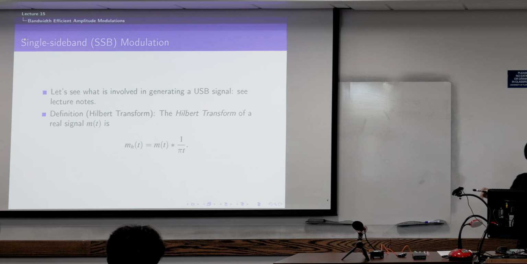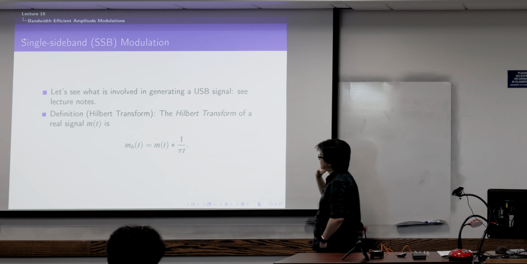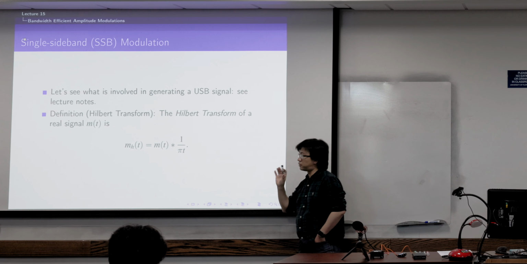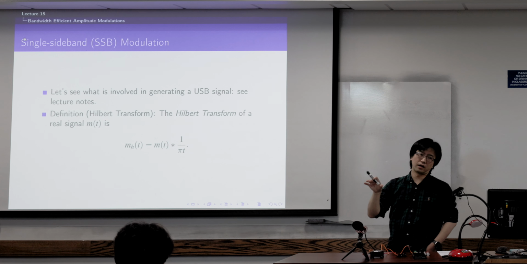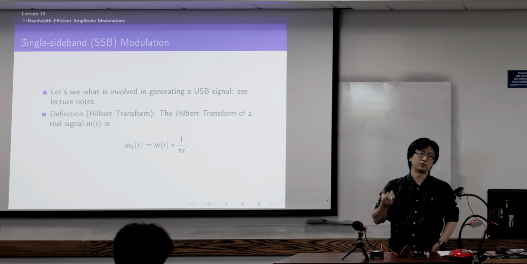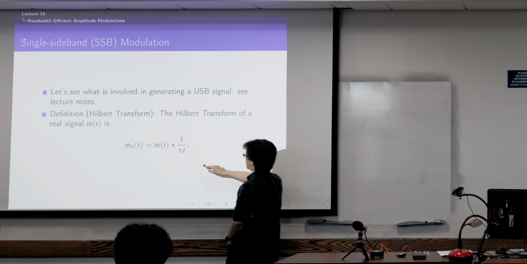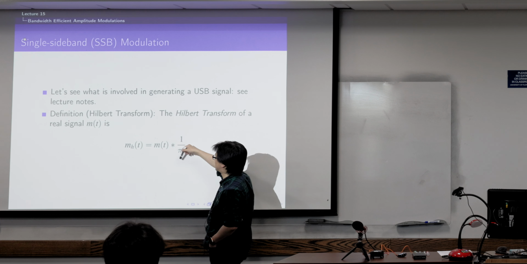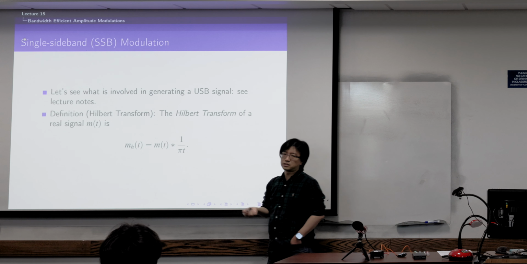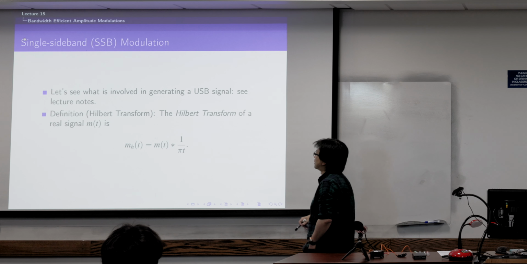As we recall, in the frequency domain it's a multiplication between the original signal and a sign signal, so in the time domain it will be a convolution. This is the convolution described in the time domain: we convolve our original signal with 1 over pi t, which is basically the inverse Fourier transform of the sign signal.